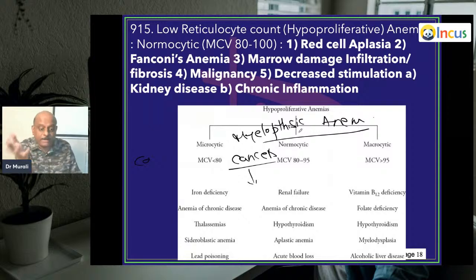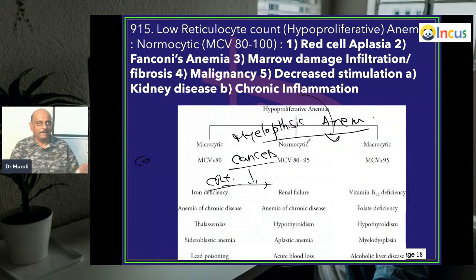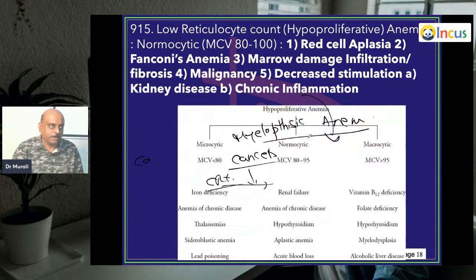So marrow damage, marrow infiltration, marrow fibrosis, then malignancy which can infiltrate. Any decreased stimulation, like in kidney disease. Why do chronic renal failure patients have anemia? Because they can't produce erythropoietin. And chronic inflammation, they're all hypoproliferative anemias which are normocytic. In fact, chronic inflammation can cause both types, normocytic and also microcytic.